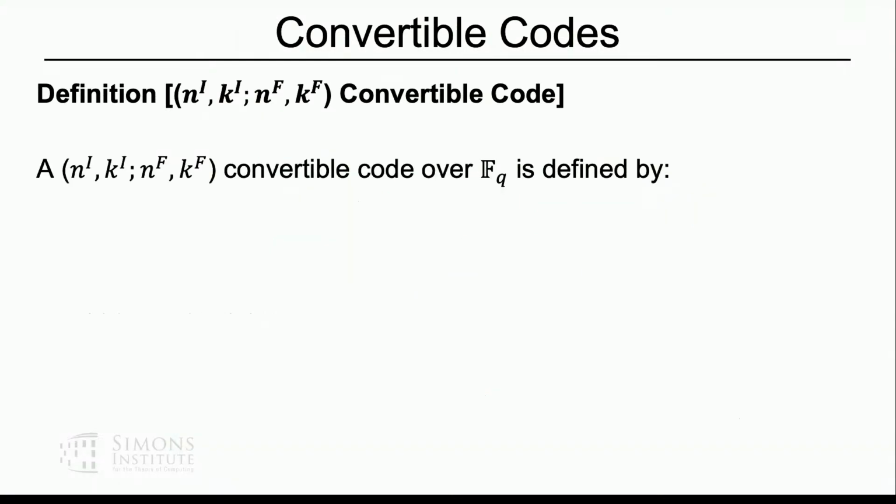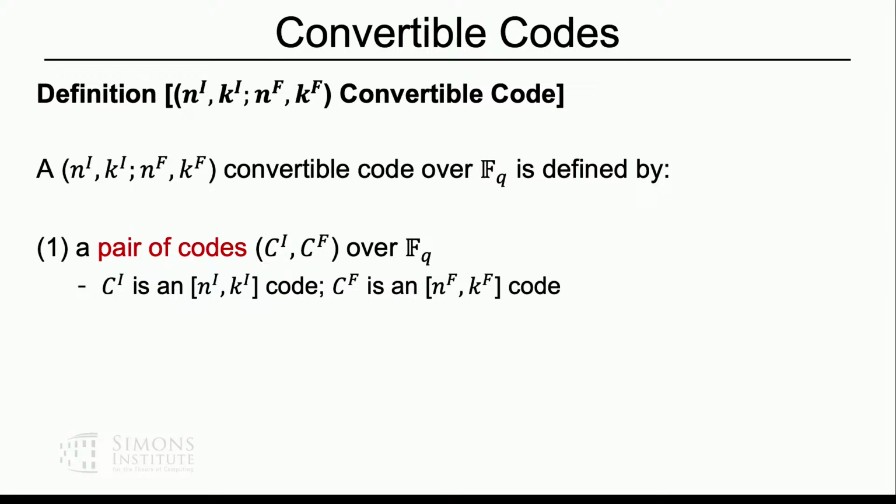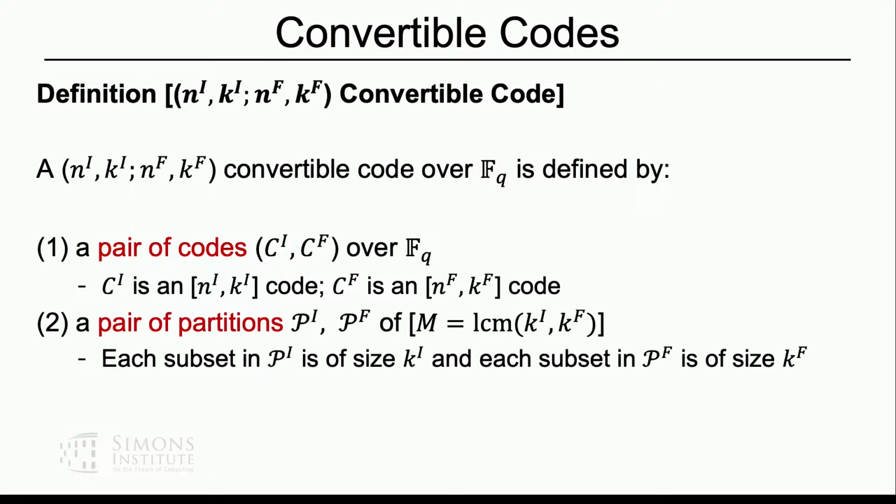Okay, so overall then, convertible codes involve the following things. An (n_I, k_I) to (n_F, k_F) convertible code over a field size F_q has one pair of codes, C_I and C_F. Partitions which specify which message symbols belong to which code words, both initial and final partitions, and a conversion procedure which takes us from C_I to C_F.